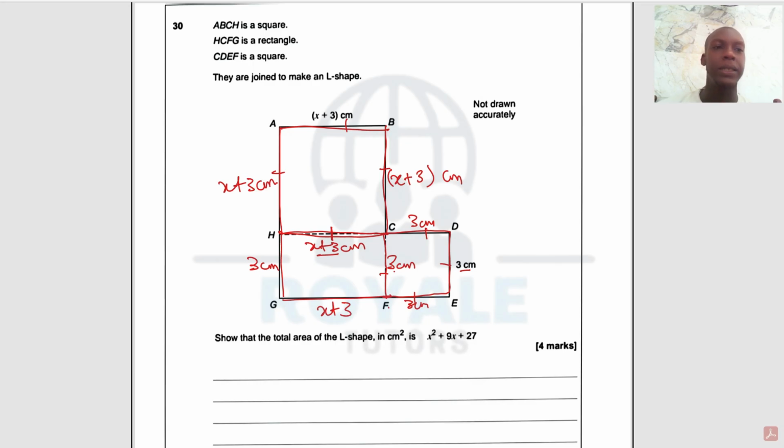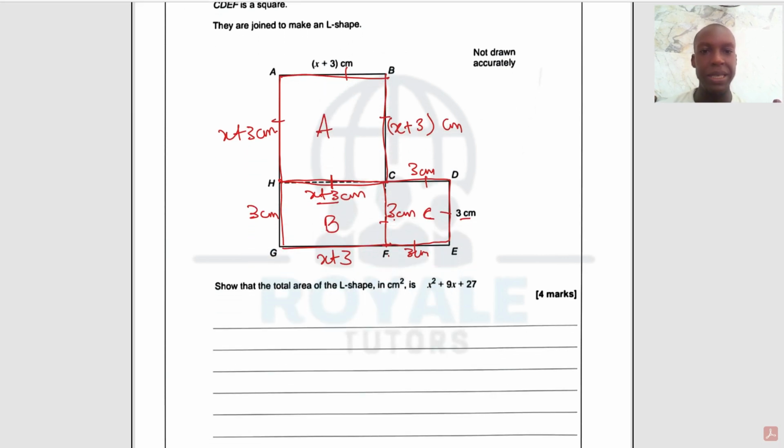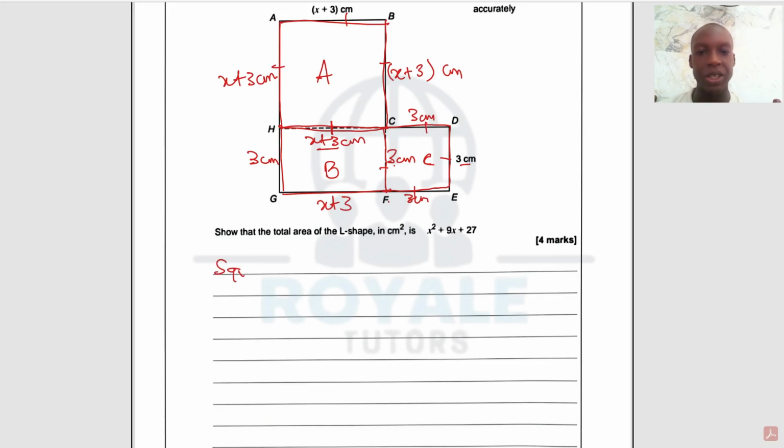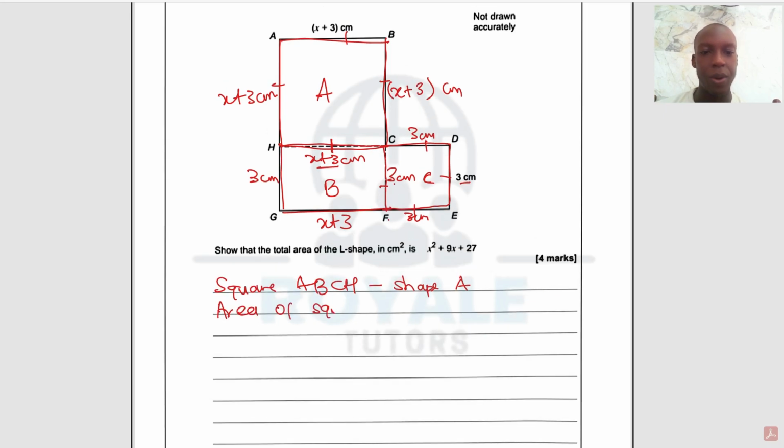So when we want to find the area of a shape that looks like this, it is very expedient that we break down the shape. So if we are breaking down the shape, we have this as shape A, this as shape B, and this as shape C. It means that our square ABCH, we take that as shape A, and we know that the area of a square is the length squared.